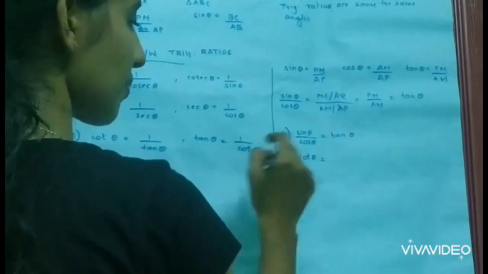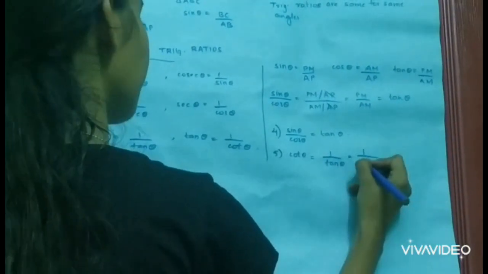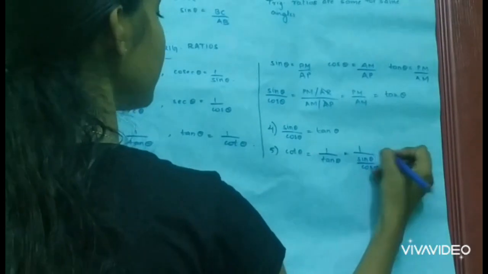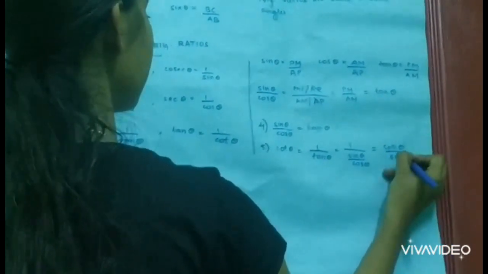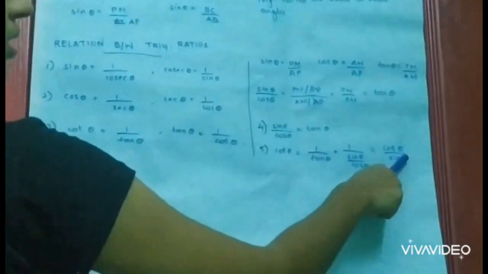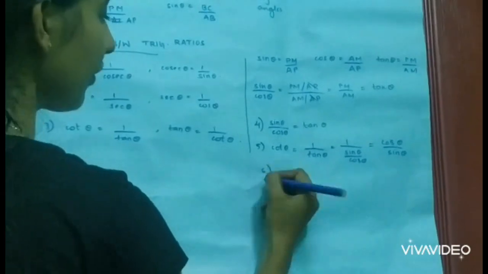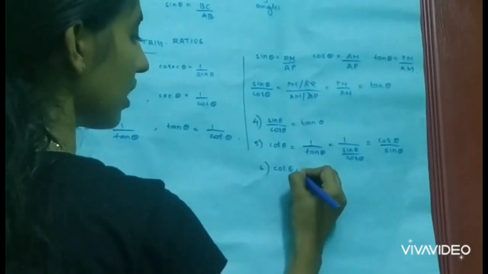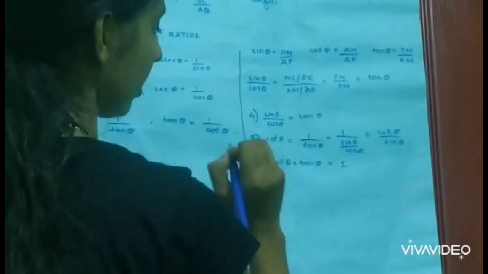As cot theta is a reciprocal of tan theta, 1 by tan theta comes as 1 by sin theta by cos theta, and this is equal to cos theta by sin theta. Therefore, cot theta is equal to cos theta by sin theta. And the sixth relation, if we multiply cot theta and tan theta, it comes out to be 1.